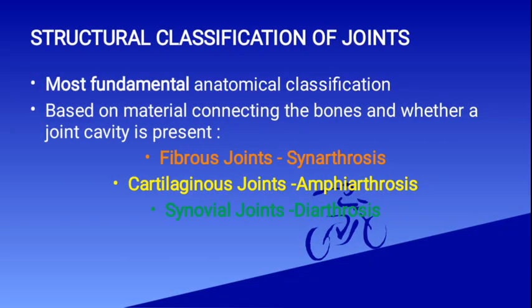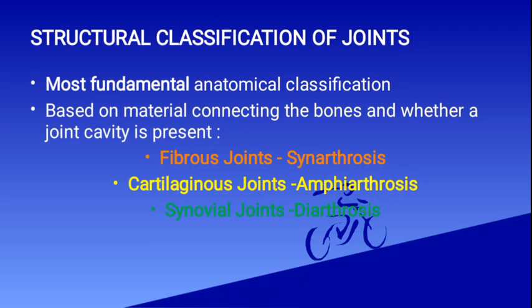Talking about the structural classification now, that's the most fundamental anatomical classification. It is based on the material connecting the bones together. In the case of fibrous joints, ligament fibers are connecting the bones together. In cartilaginous joints, cartilage is joining the bones together. And in synovial joints, you have the synovial fluid, the synovial capsule, and the synovial membrane.